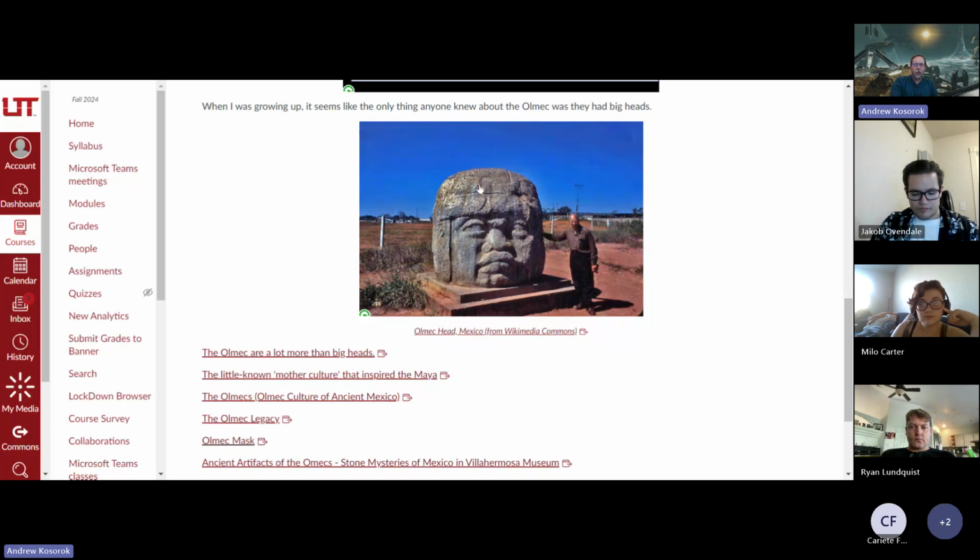So this is an Olmec head. To describe it, it looks like a fairly blocky head, a portrait done of somebody, but it's about maybe 6, 7 feet tall, 6, 7 feet wide. It looks like it's made out of something like basalt. We can see that there are definite facial features representing a human being, or what we believe is a human being, and enough that one of you could probably even draw what this person might have looked like.